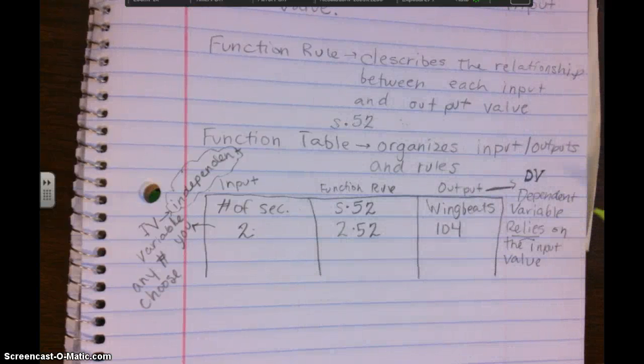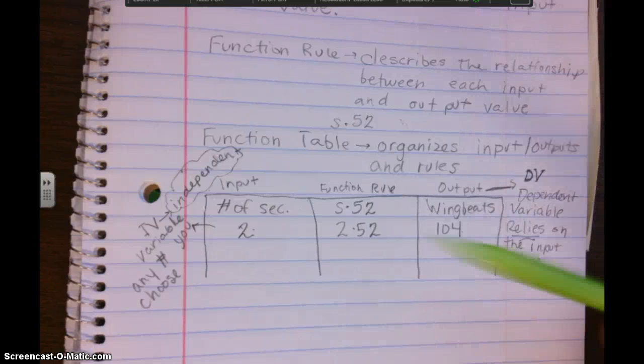When you are a child, you are dependent on your parents. You are known as a dependent because you rely on your parents to feed you and clothe you and keep a roof over your head. You can't just do that on your own. We will work more with identifying the independent variables and the dependent variables when we are looking at word problems.